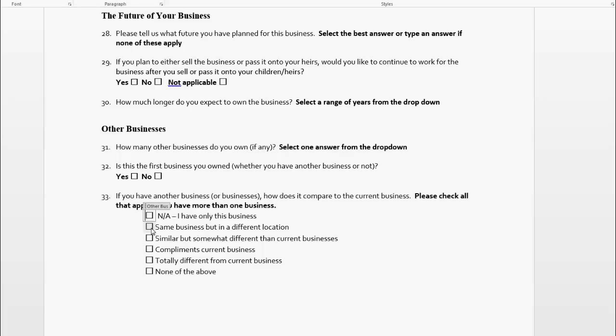Maybe it is a Fox's Pizza and you have two in different locations. Or maybe you have a somewhat similar business but not completely similar, maybe two fast food restaurants. Or maybe it's something that complements the current business, like a farm and a trucking business, or a catering business and a restaurant, that type of thing.